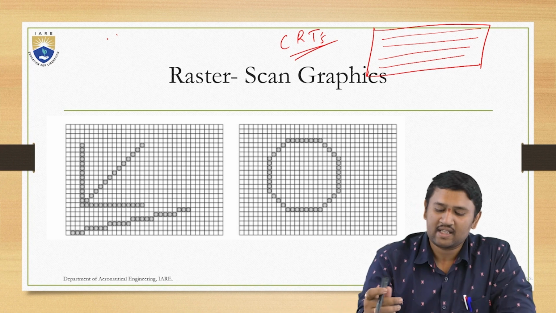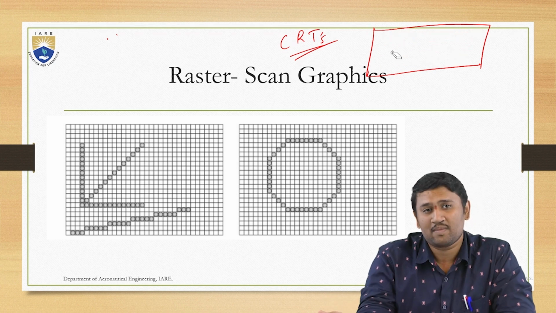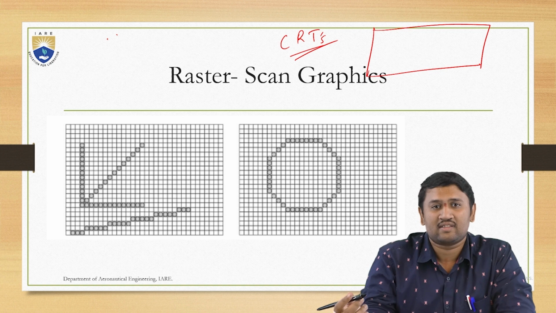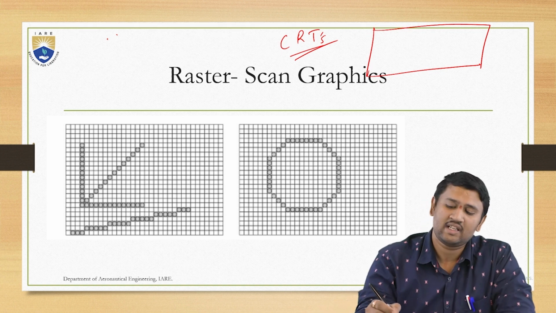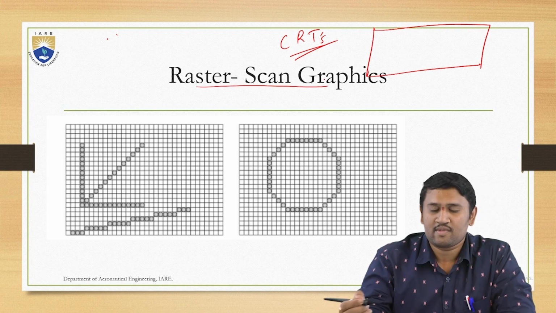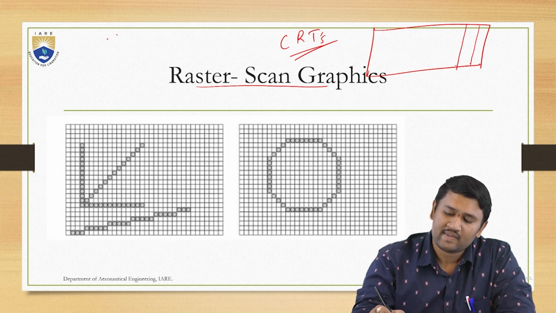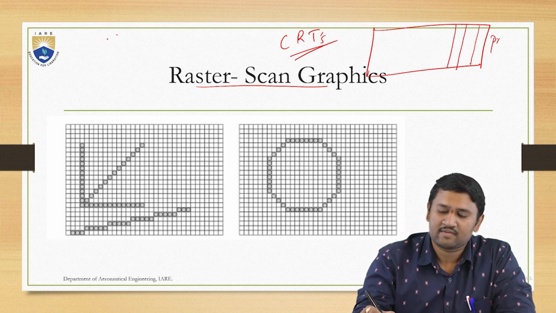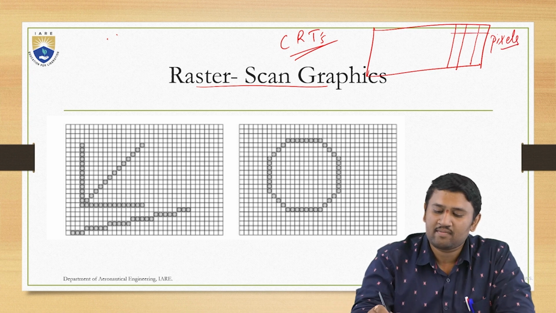Now, as the technology progresses, we require a higher quality picture as well as good color quality. For that, we have developed raster scan graphics. How this works is that your TV screen is divided into a number of cells, also called pixels, and the spacing between them is your dot pixel.